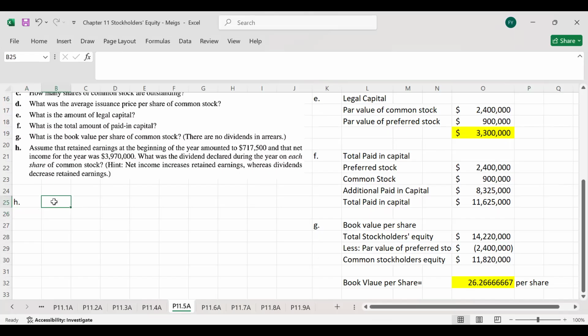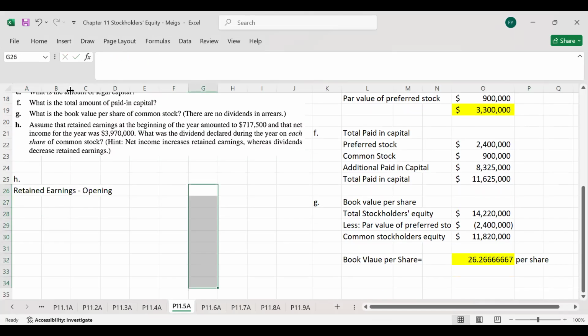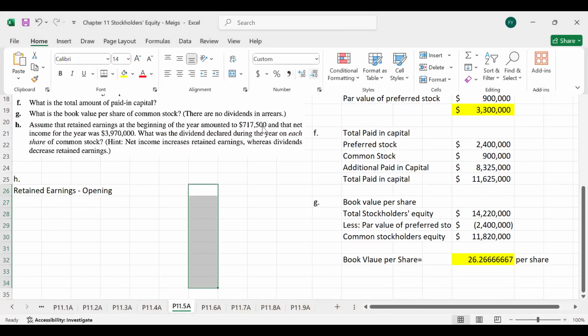So we are going to start from the retained earnings beginning balance, the opening balance, which is given. We have all amounts in dollars.